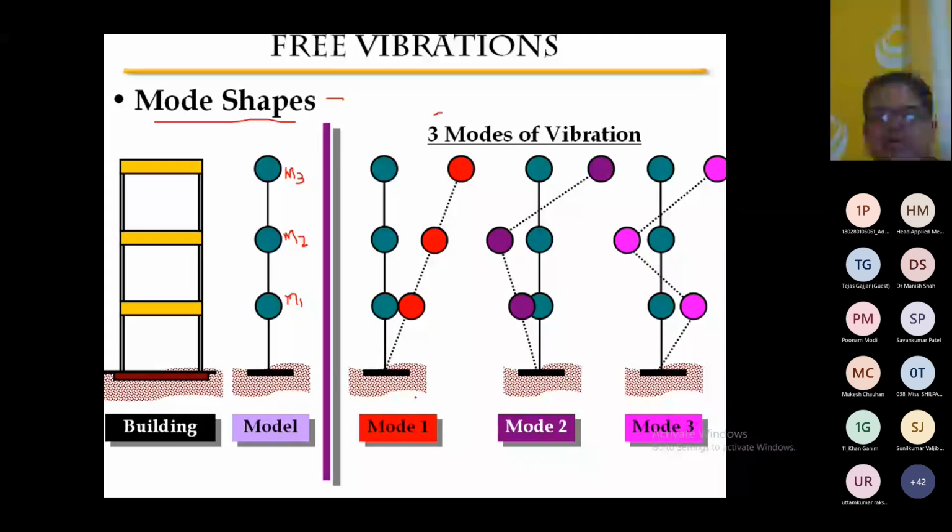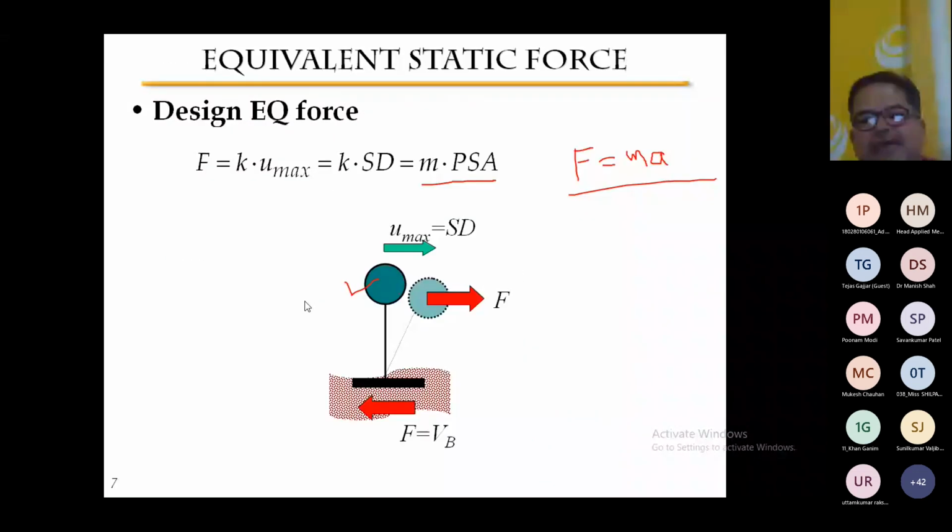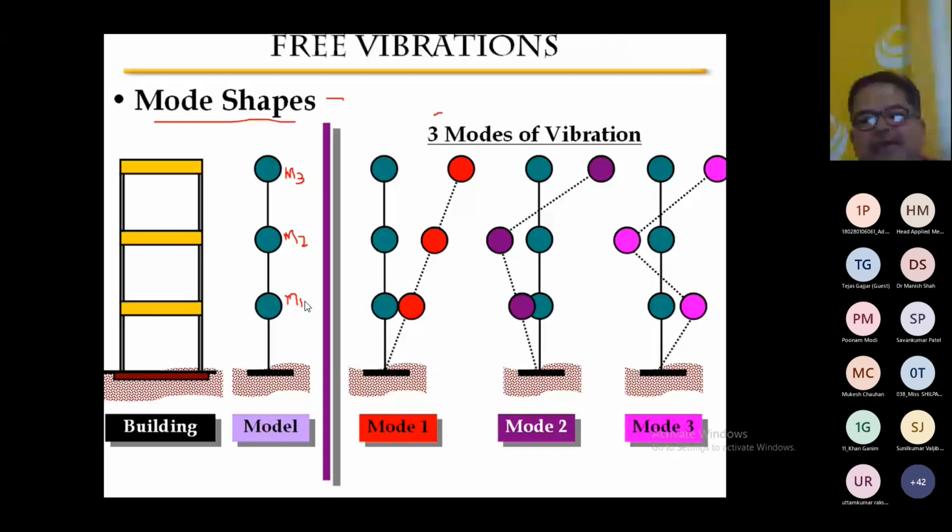When we're talking about the single degree of freedom system, we have a single frequency, right? And when we are talking about the 3 degree of freedom system, we have 3 frequencies, and corresponding to these 3 frequencies, we have 3 different deformed shapes, right?